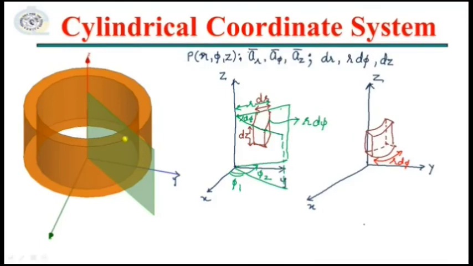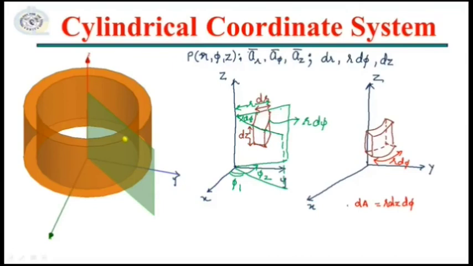So you have one area here. So dA equal to dz into r d phi. Now let's talk about the associated unit vectors a little later. So this is one of our areas.